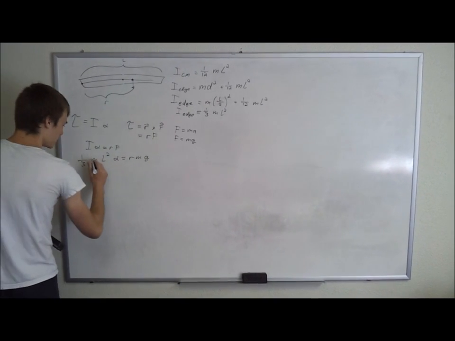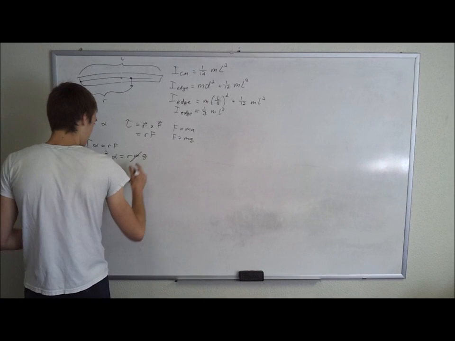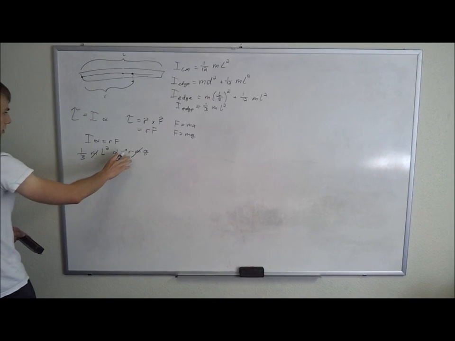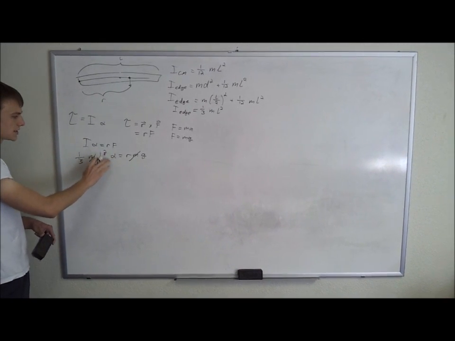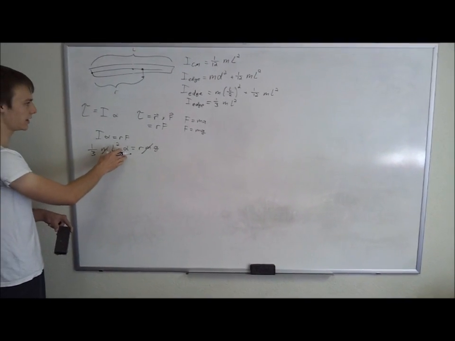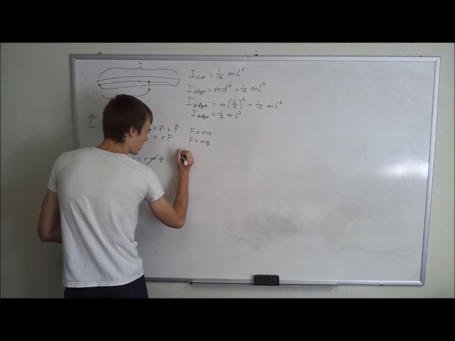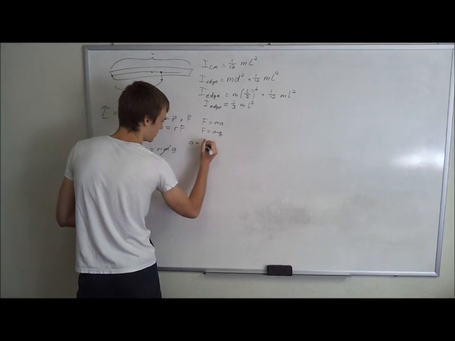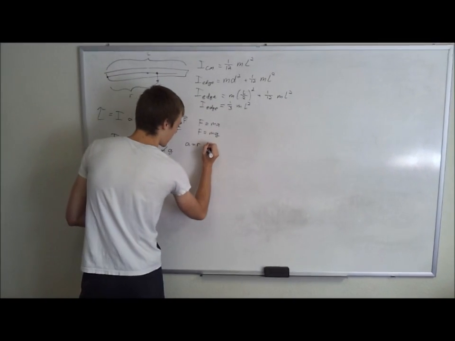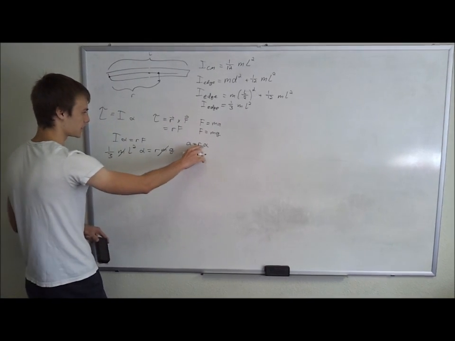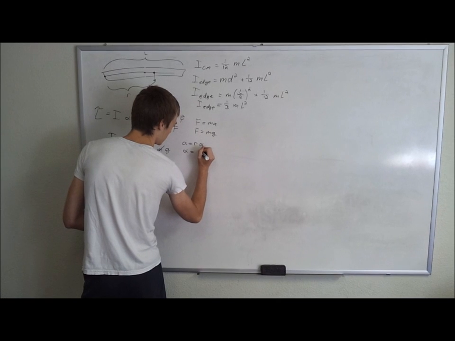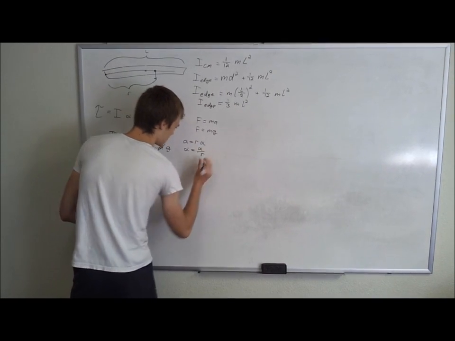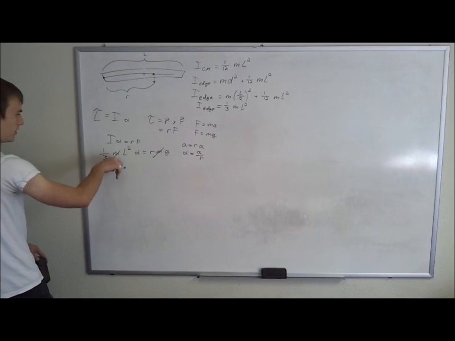We can cancel out the m's, and we want to solve for r. But first we want to replace the angular acceleration using the linear acceleration, which is equal to distance times angular acceleration. Rearranging, the angular acceleration is equal to the linear acceleration over the distance, and we plug that in.